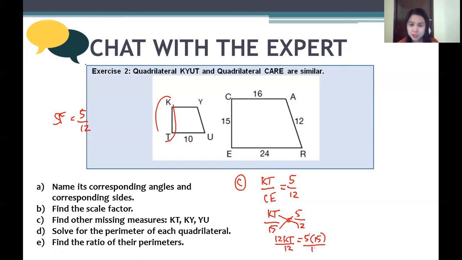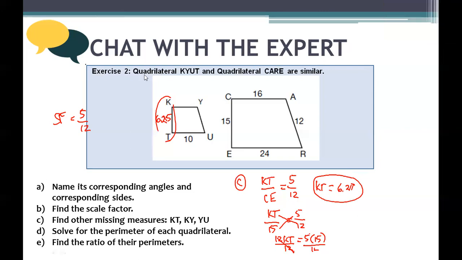Divide both by 12. Our KT is equal to 5 times 15 divided by 12. That's 75 divided by 12. That will be 6.25. So this measures 6.25.